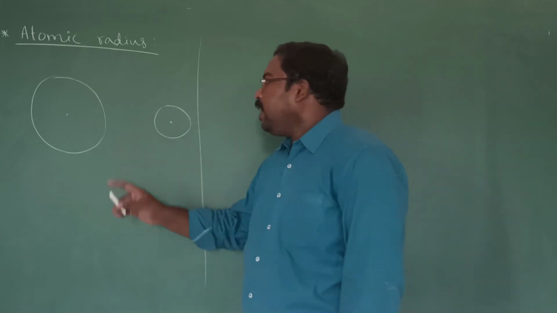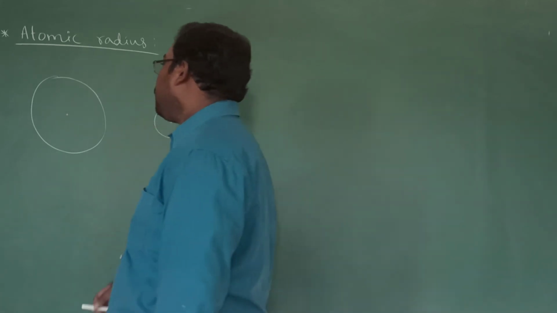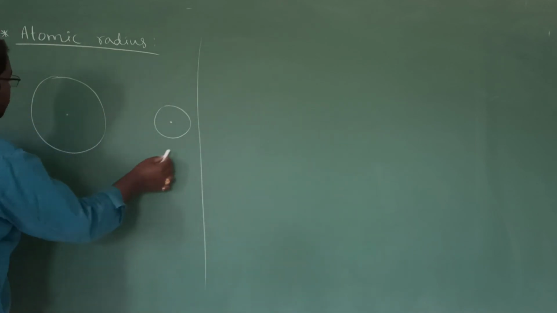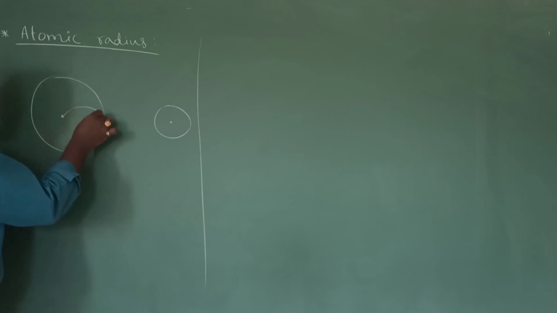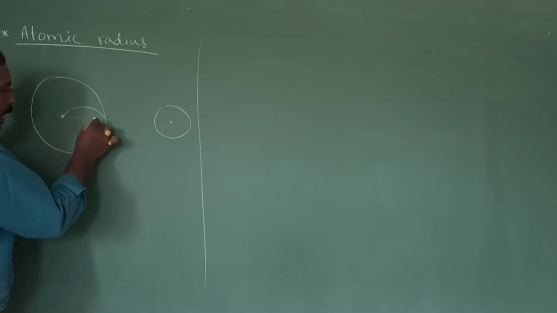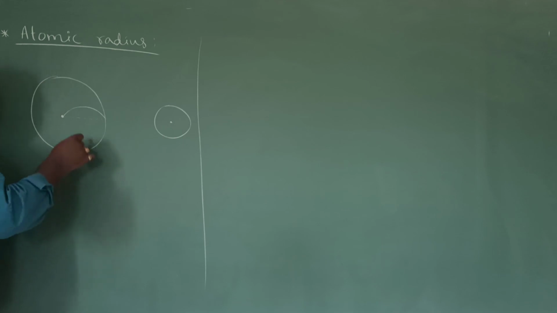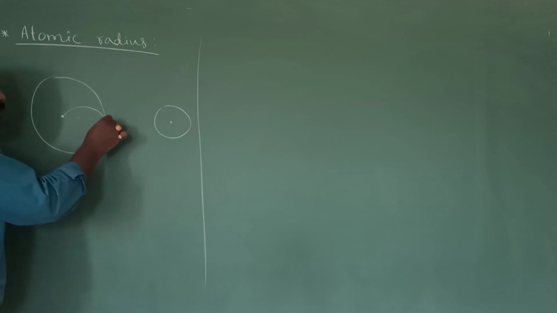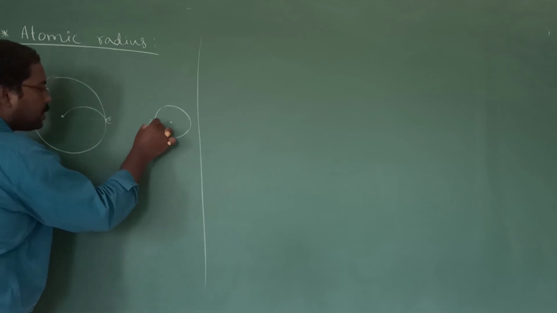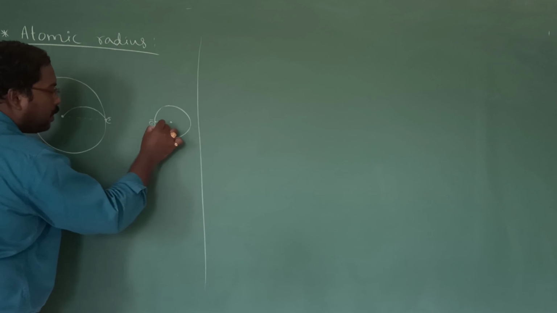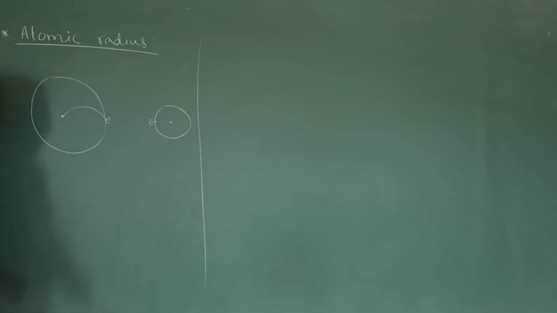See, how can we come to know the smaller one or larger one? If you observe here, larger the atomic size, automatically larger the atomic radius. Nothing but the distance from the nucleus to the outermost electron. This is our outermost electron, and this is the atomic radius.